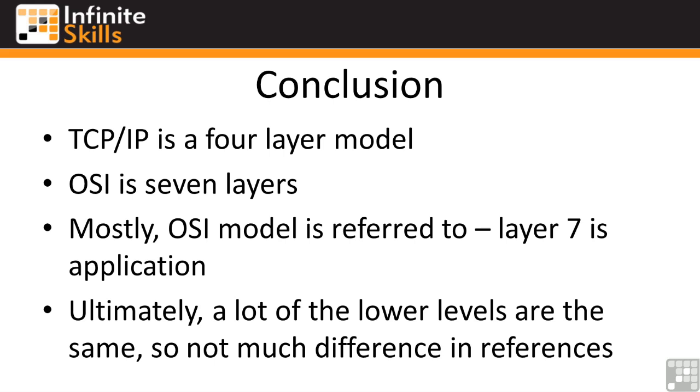So again, they're really talking about the same sets of functionality. They've just broken them up in different ways. And most of the time when you hear people talking about layers, they're really referring to the OSI model, which again is the reason why I go into this here, because we're going to be talking about networking in subsequent lessons. And if I start referring to different layers, I'm referring to the layers in the OSI model.